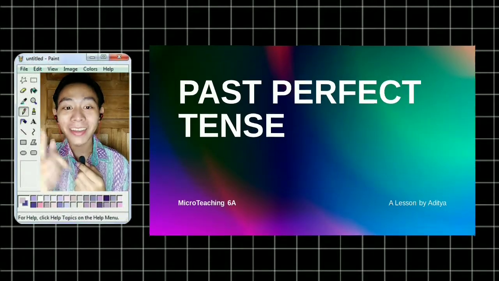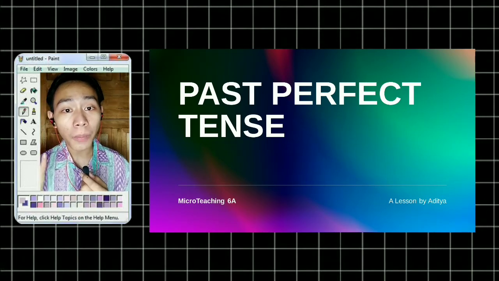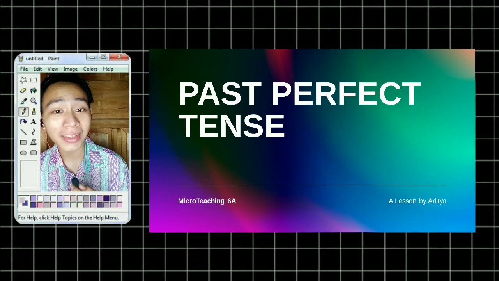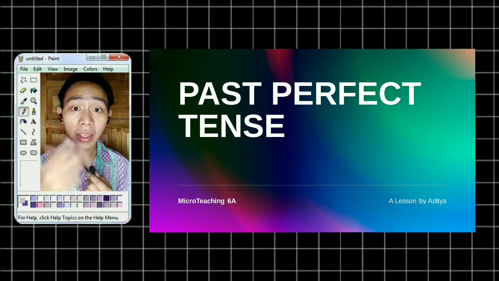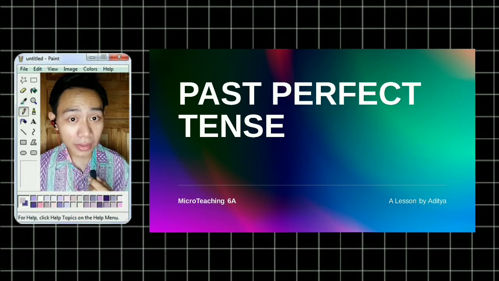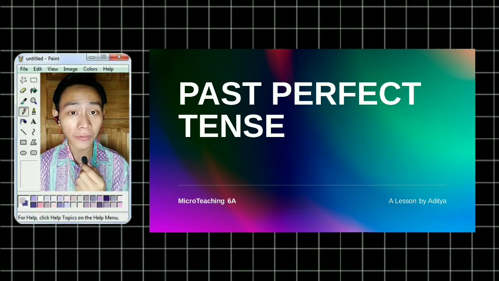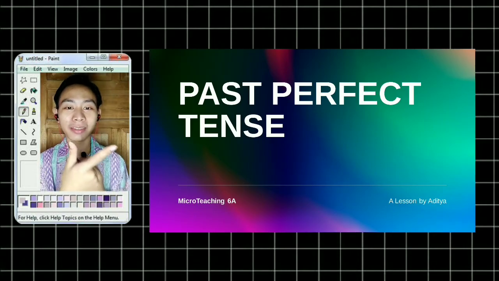That's right. So, past perfect tense is a verb form that expresses that an action was accomplished before another event occurred in the past. And the use of had before the verb is a distinguishing feature of this tense. Very good, everyone.